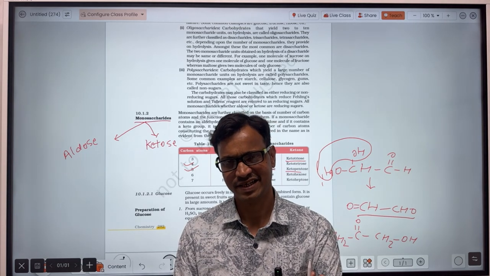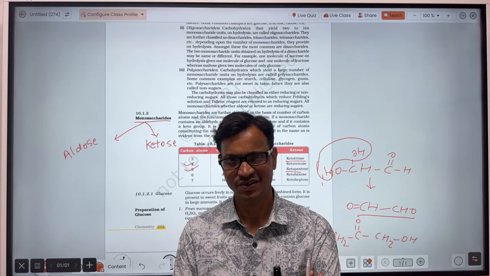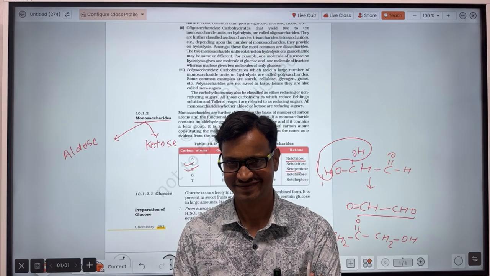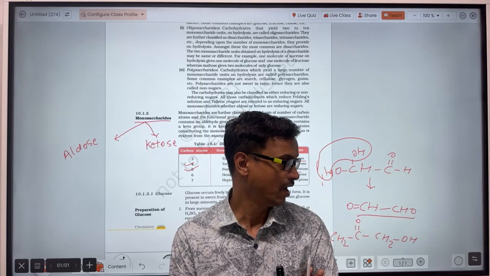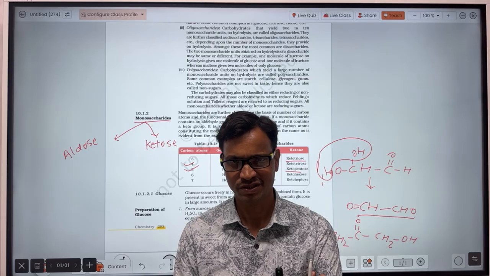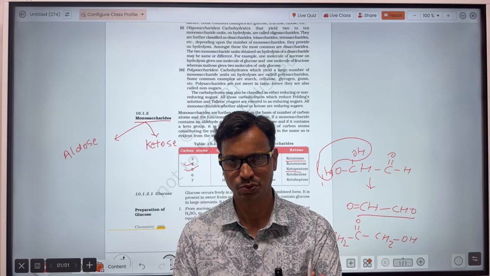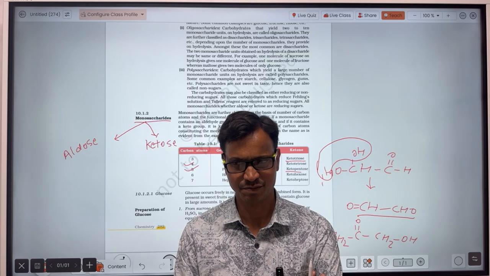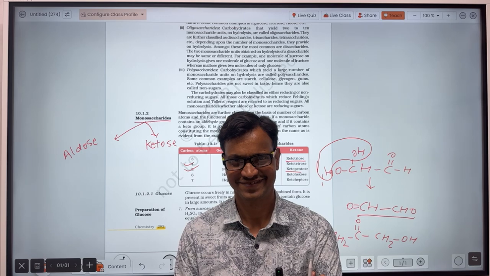So carbohydrates can also be classified into sweet sugars and non-sweet sugars. The monosaccharides and oligosaccharides are sweet in taste, but polysaccharides are not sweet in taste. For example, cellulose. Cellulose is actually a polysaccharide.